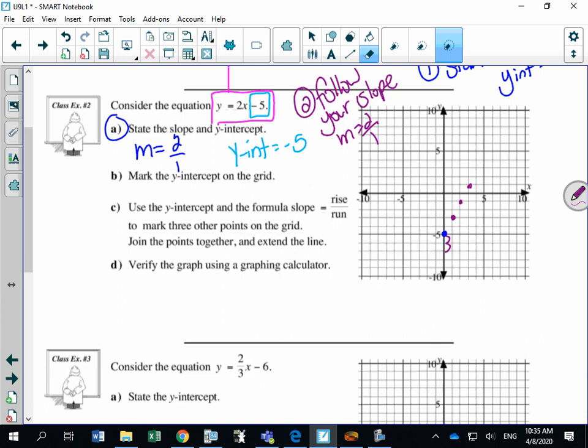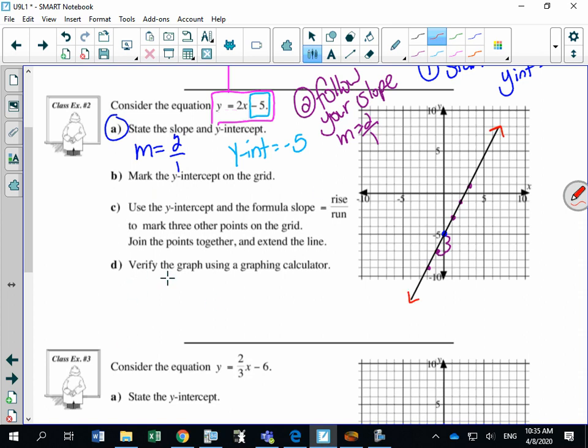And what's the opposite of going to the right one? Going to the left one. So it'd be falling 2, going to the left one. Once you have some nice ordered pairs on your Cartesian plane, get a ruler, draw a line, and that would be my graph.